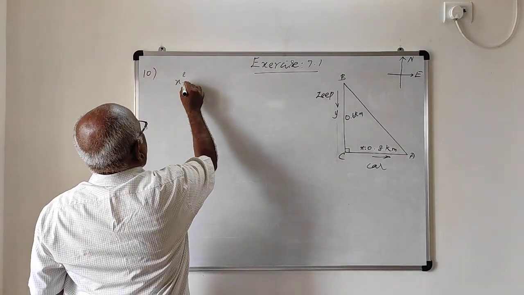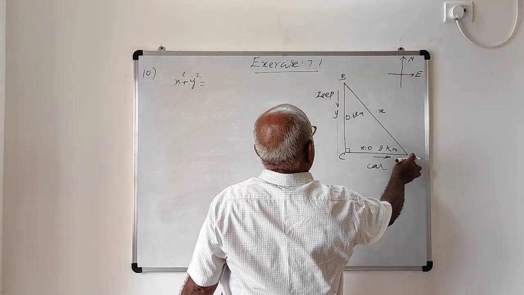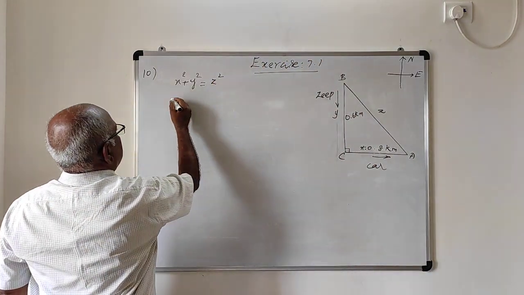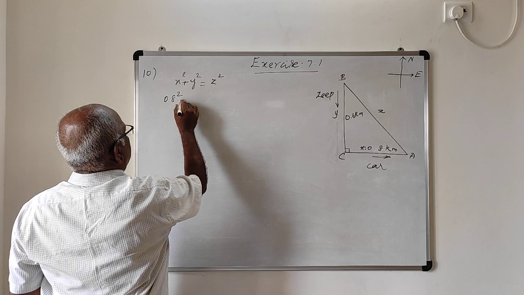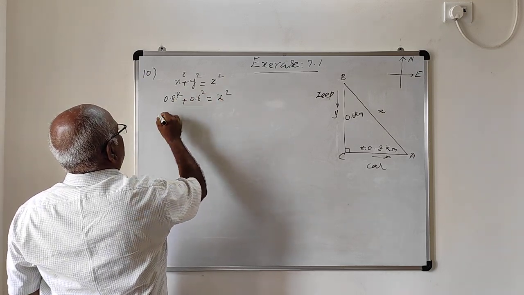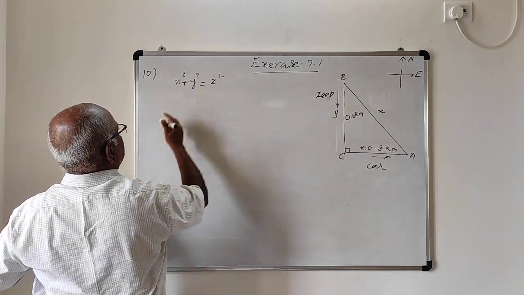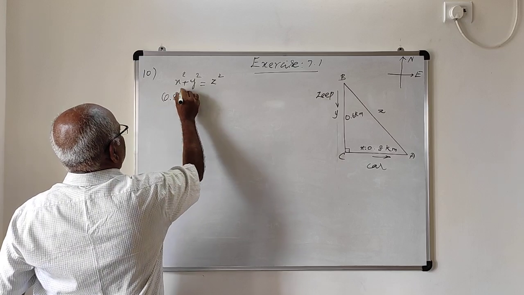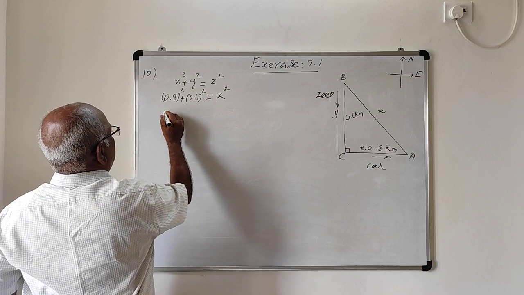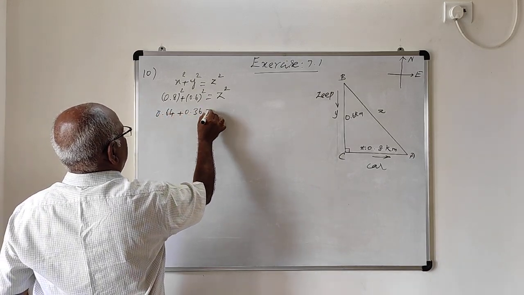Here also x square plus y square equals z square, where z is the distance between the car and the jeep. X is 0.8 squared, y is 0.6 squared, equal to z square. 0.8 squared is 0.64, plus 0.36 equals z square.